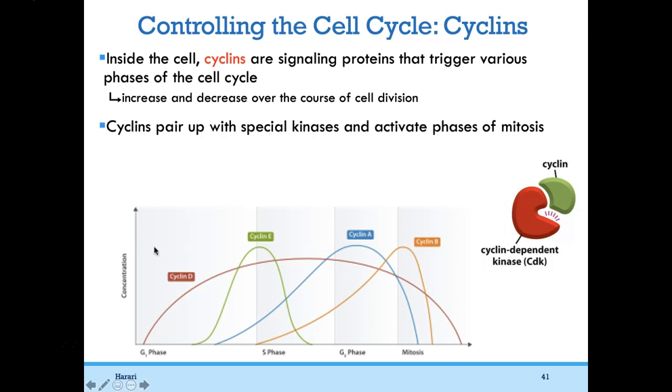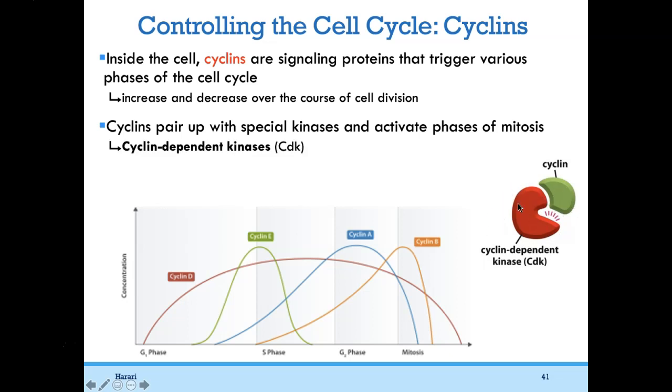I'm going to give you a little more information than you need to know, but these cyclins end up pairing with special kinases that activate phases of mitosis. We spoke about kinases as being like the on switch. Kinases can activate other proteins by adding a phosphate. So these kinases are only functional when they have a cyclin present.